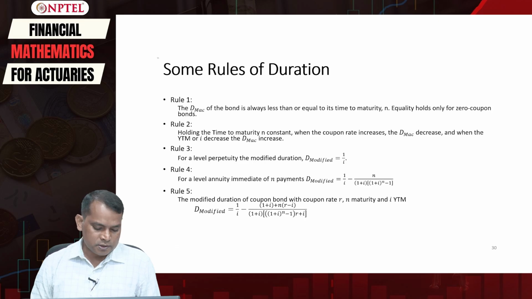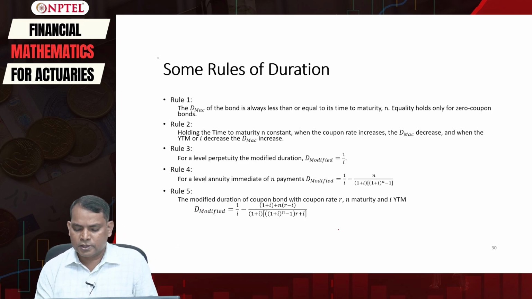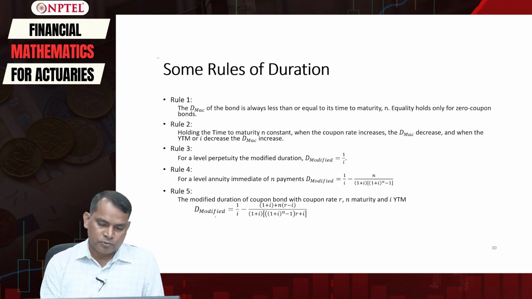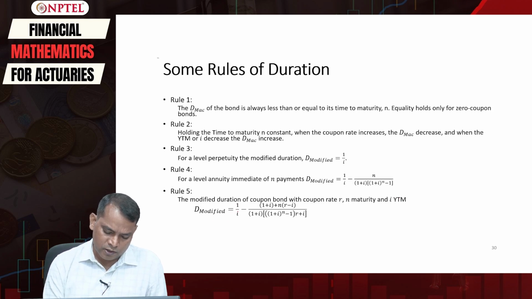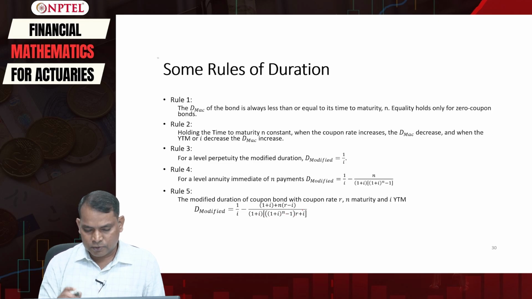Rule 5 says that for a coupon bond with coupon rate r, maturity period n and yield to maturity i, the modified duration can be computed as D modified equals 1 upon i minus 1 upon i plus n times (r minus i) divided by (1 plus i) multiplied by (1 plus i) to the power n minus 1 times r plus i.